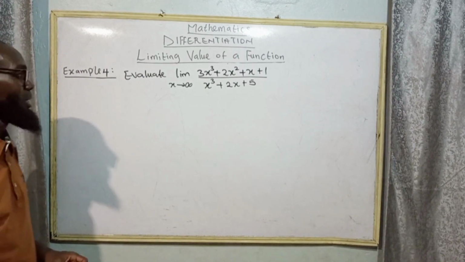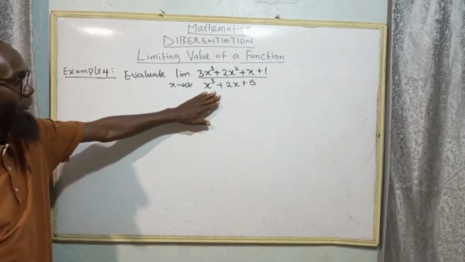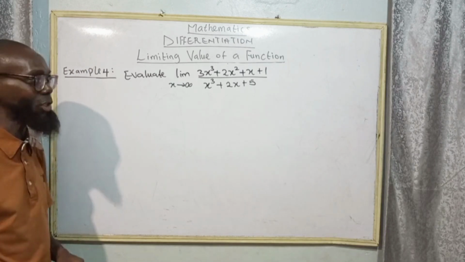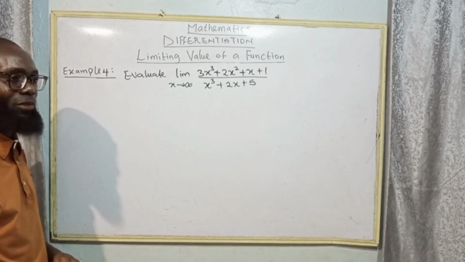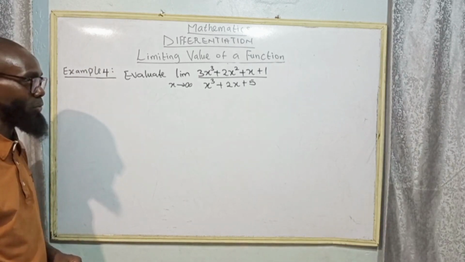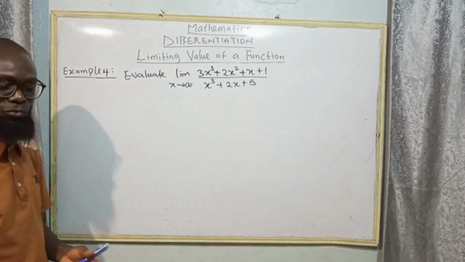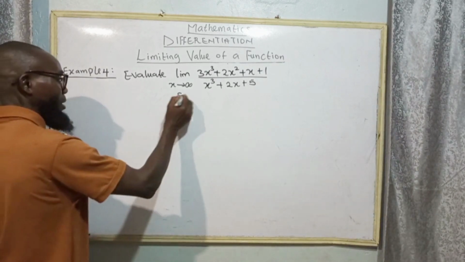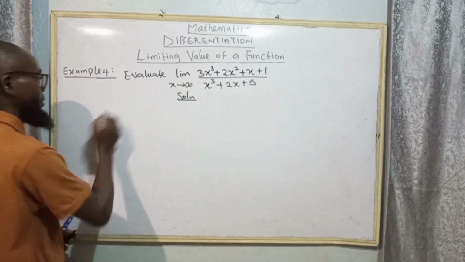Example 4. The limit of 3x cubed plus 2x squared plus x plus 1 divided by x cubed plus 2x plus 5 as x approaches infinity. Now, how do we go about this?